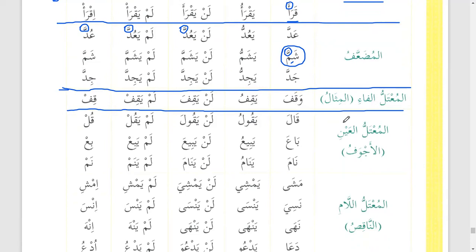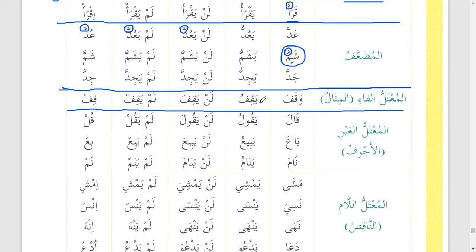So in mithal, in past tense, no change takes place. Waqafa, waqafu, waqafat, up to waqafna, it goes like this. In the present tense, the waw gets dropped. So instead of yawqifu, it has changed into yaqifu.